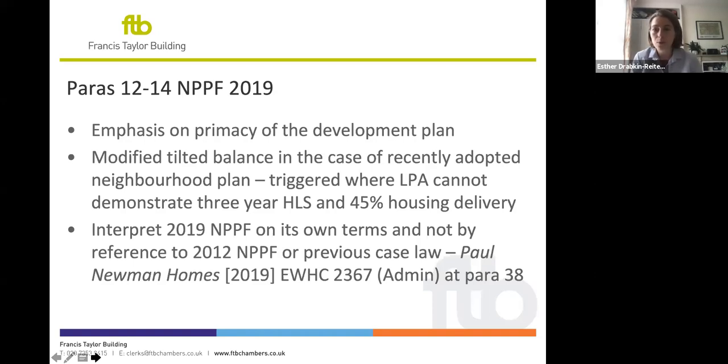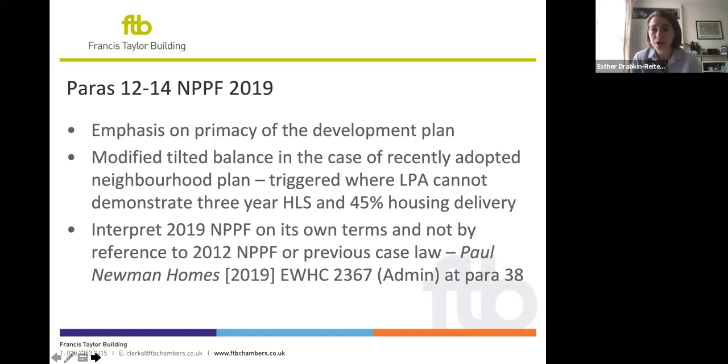So where those 4 requirements are satisfied and there is conflict with the neighbourhood plan, then paragraph 14 provides that the adverse impact of allowing development that conflicts with the neighbourhood plan is likely to significantly and demonstrably outweigh the benefits. So limb 2 is likely to result in the tilted balance being disapplied.